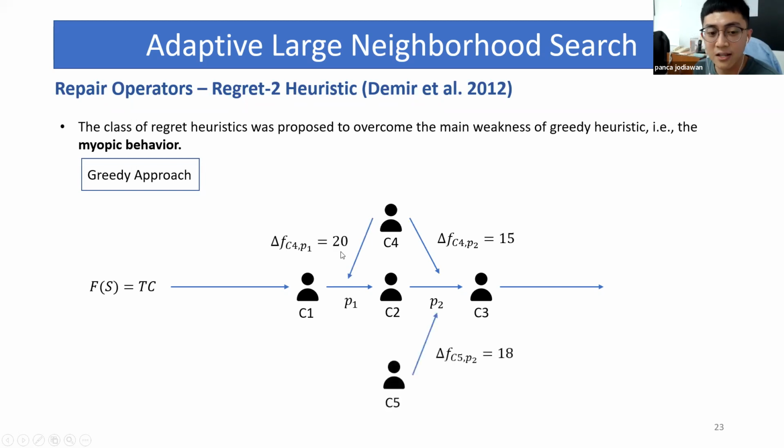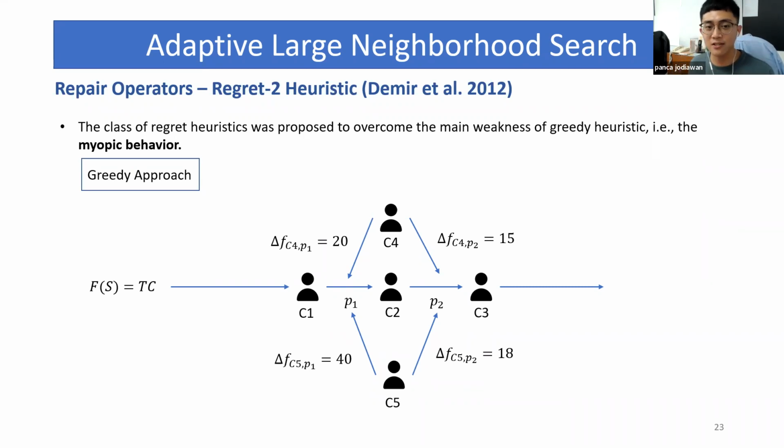Now we have C5. When we want to insert it into P2, it is 18. And when we want to insert C5 in P1, it is 40. Now you have these 4 types of information. Based on the greedy approach, which customer and which position will be selected to be inserted?